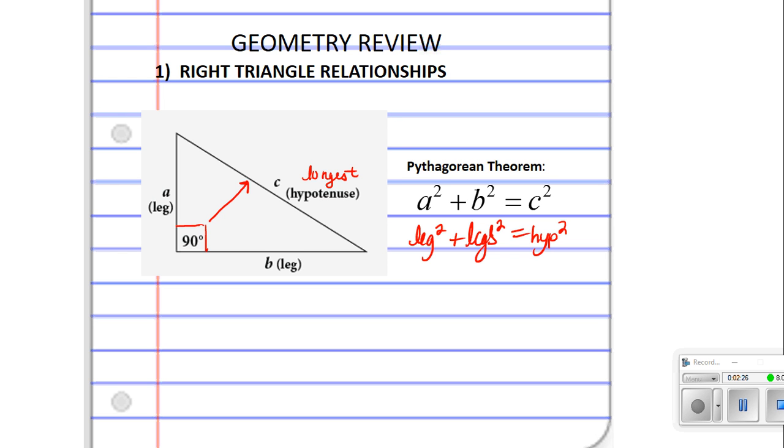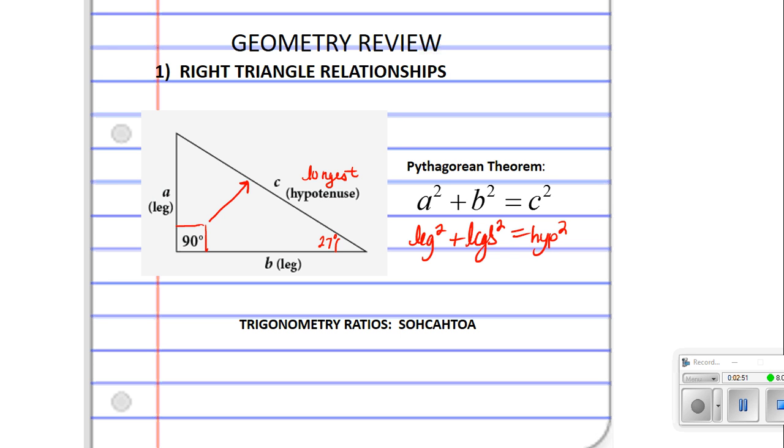But what if you were only given one side, not two sides, but you were also given an angle? Say this angle was 27 degrees. If you're just given one side and an angle, we would use the relationships called the trigonometric ratios. That's SOHCAHTOA.